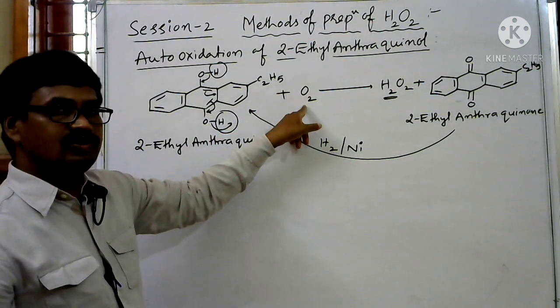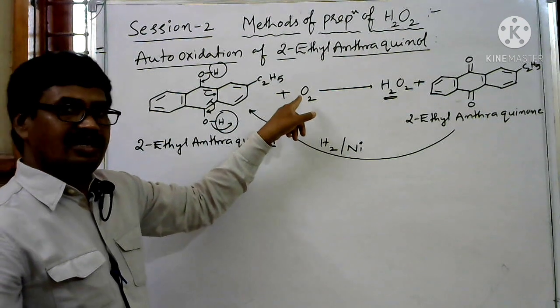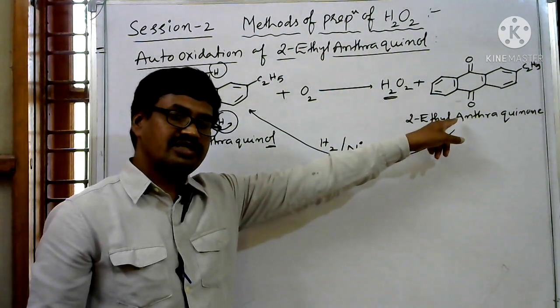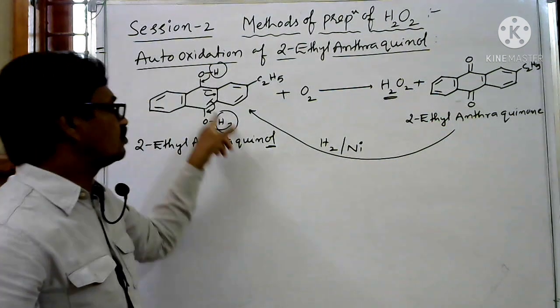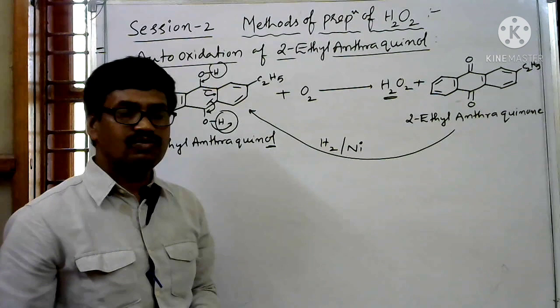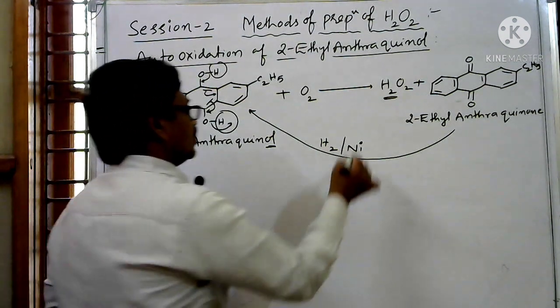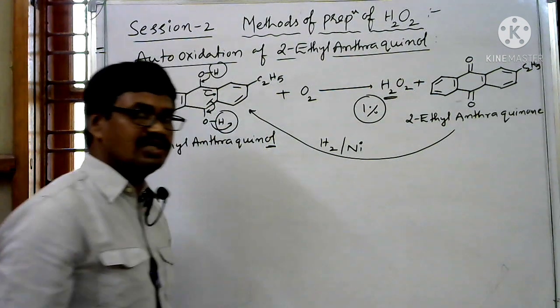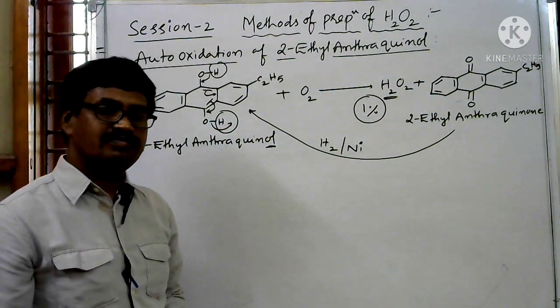Again, 2-ethyl anthraquinol combines with air and forms hydrogen peroxide. Again it produces quinone. Quinone is converted into quinol, and quinol is converted into quinone by giving H2O2. But here we'll get only 1% hydrogen peroxide.